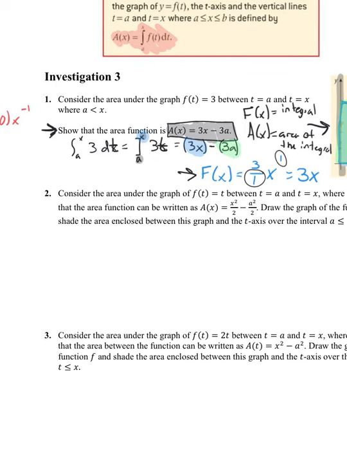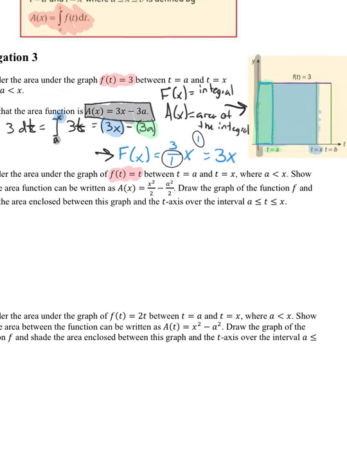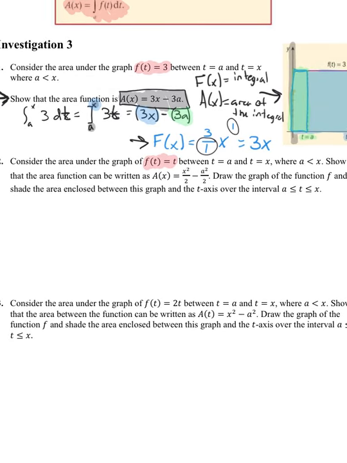But let's take a look at another one, and we'll see if it makes a little bit more sense the second time. So this time, we're going to look at this function. The first one was f of t equals 3, so it was a constant term, straight line. Second one, f of t equals t.